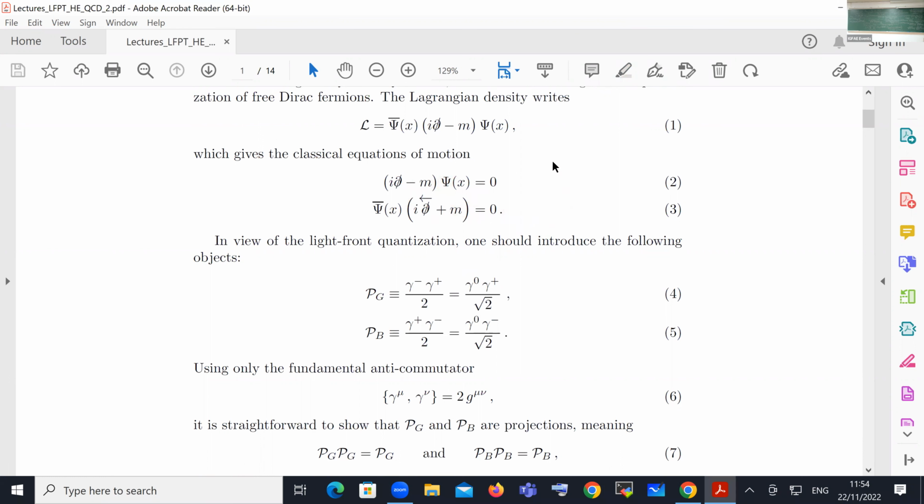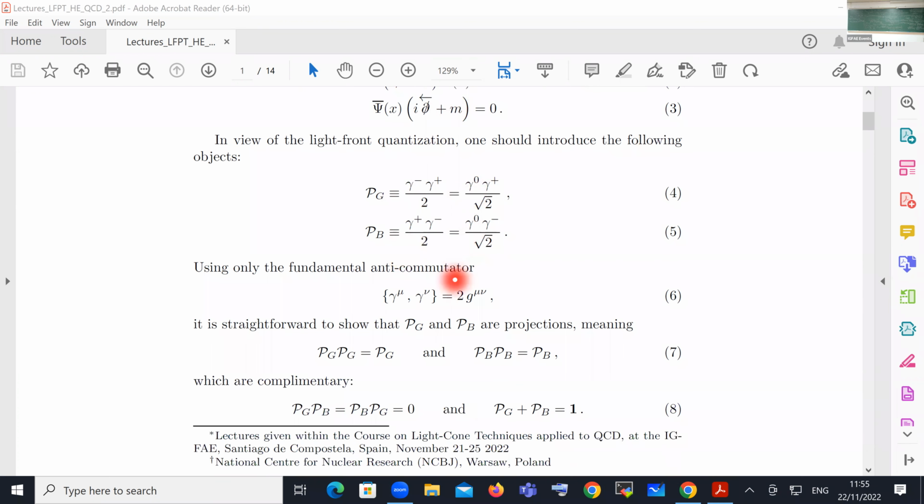In light front quantization, in order to discuss the dynamics in the front form, with evolution along x plus, it's quite important to introduce two things here, these two objects. You know the usual gamma matrices. Here that will be just gamma minus times gamma plus over 2, or gamma plus gamma minus over 2. And of course, we have the standard anticommutator for Dirac matrices.